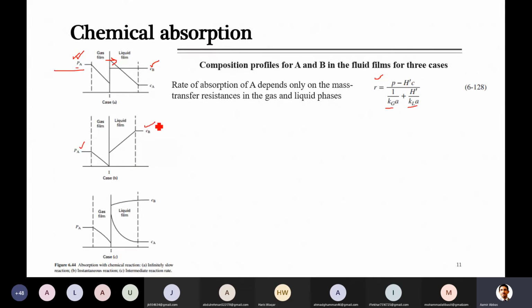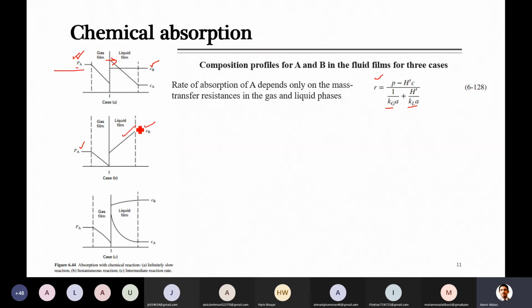When you look at component B, which is part of the liquid stream, its concentration, as compared to the previous case, is decreasing inside the liquid film from the bulk towards the interface. The reason is when it comes close to the interface, it keeps on reacting with component A and its concentration decreases.